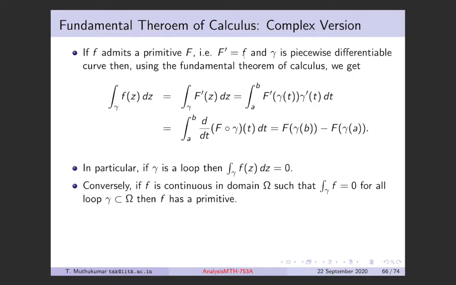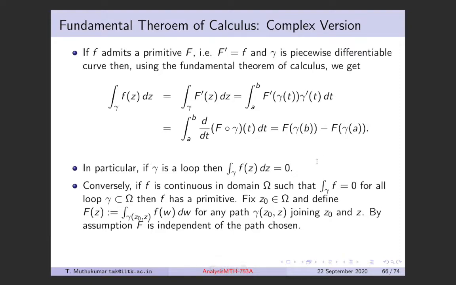The way you define the capital F is that you fix a point z0, some arbitrary point, and you define F(z) to be the integral of the little f along a curve which joins z0 to this z. So you have fixed a z0, then for every other point z you join a curve.